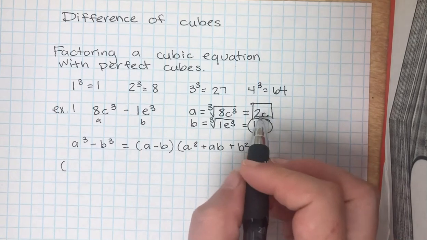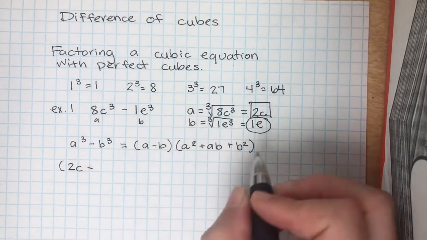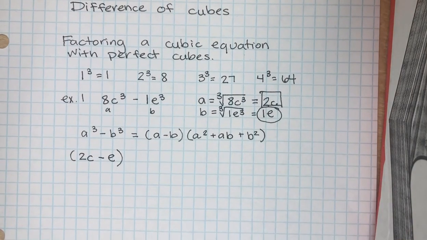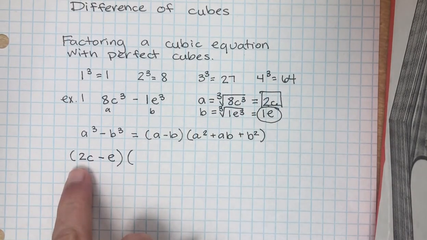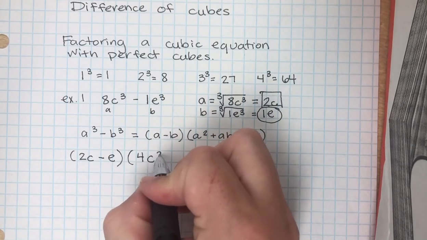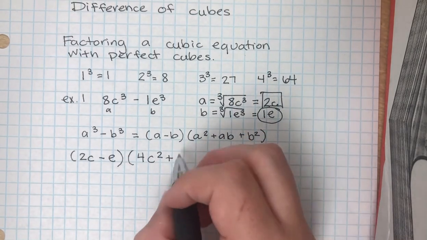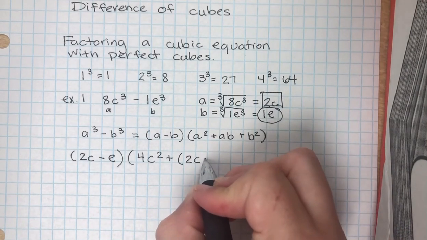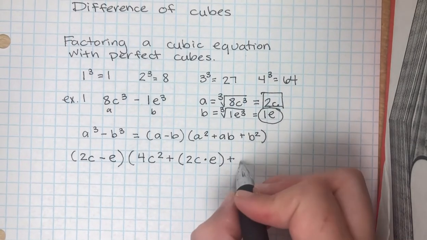Parenthesis, A, which is 2C, minus my B, which is 1E, or just E. I just realized I should have not used an E because it looks like a C. Times 2C squared, which is going to be 4C squared, plus, and if you want to, you can write it in parentheses and solve it out later. So let's do that: 2c times e, plus e squared.